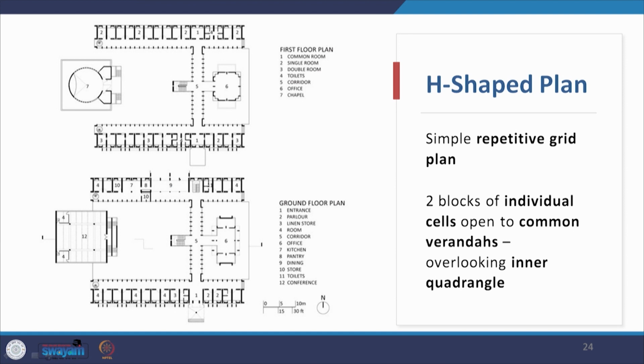So, what they have done here is at the ground level they have converted this into a larger dining facility without making any modifications in the Cartesian, in the overall grid layout, and this they have modified into a pantry here and a kitchen here. Right on top the rooms continue in the same fashion as in the overall grid.